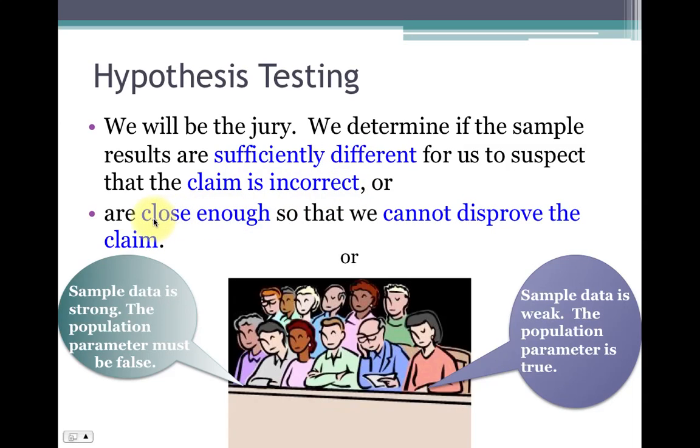If the sample results and the population mean are close enough, meaning that X bar isn't too far away from the center of the bell curve, then it's not enough to disprove the claim. So we're going to be looking at sample data, and if it's strong, we'll be able to say that the population parameter is false. If it's weak, we have to say the population parameter is true.